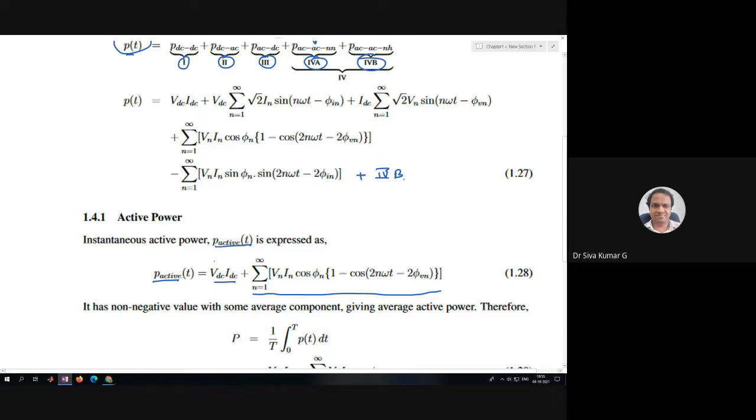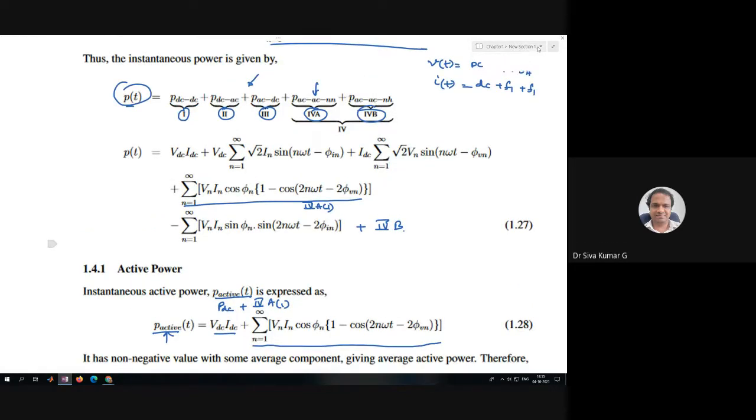The P active of t is the DC-DC involvement plus, in the fourth equation, the A1 part. You mean in the fourth equation A, that is about the P active of t.